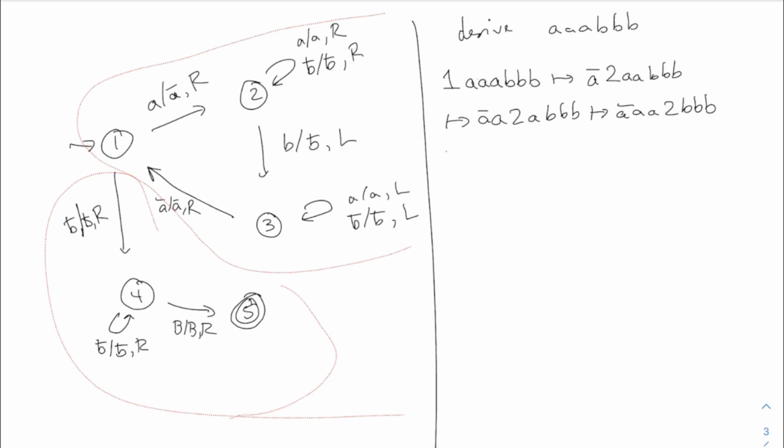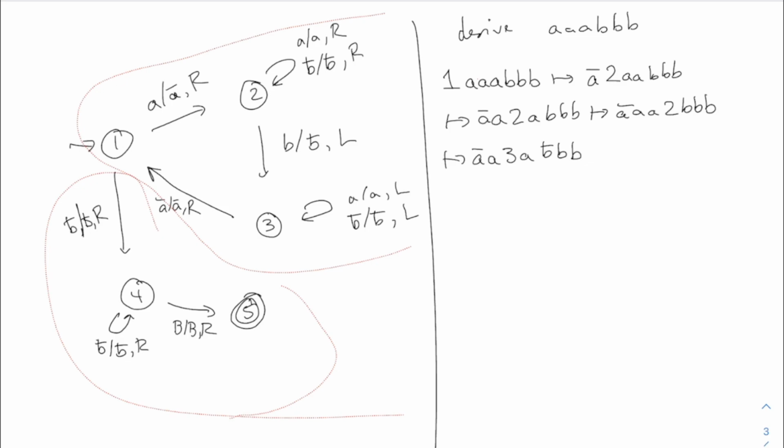This is a little confusing to hold all of that in your head at once, but I believe it has to look like this: A, 3, A, B bar, B, B. I changed the first B to a B bar. I moved to the left, and I'm now in state 3 rather than state 2. The 2 has become a 3 and moved to the left from where it was before.